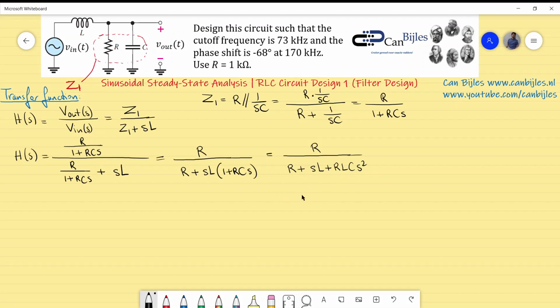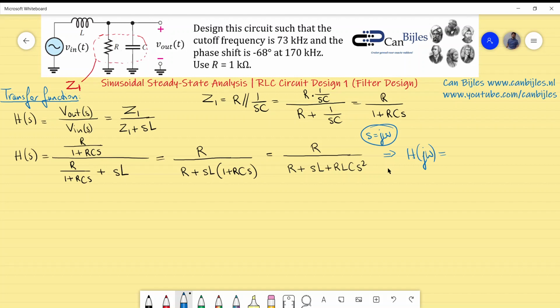Now, what you can do is convert this to the j omega domain. That will be helpful when we consider specific frequencies. So I will make s equal to j omega. This gives us the following transfer function, which I will use in the further analysis.